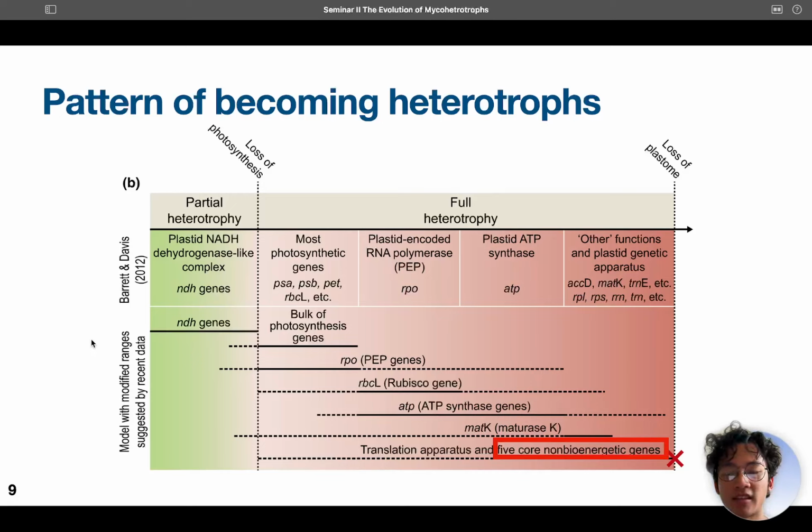Like I said, initially the NADH dehydrogenase-like genes start to be lost first, and then when the plant cannot go back to its previous habitat with a lot of sunlight, it tends to lose the ability to photosynthesize due to the loss of the essential genes for photosynthesis, and then it loses all the related genes.